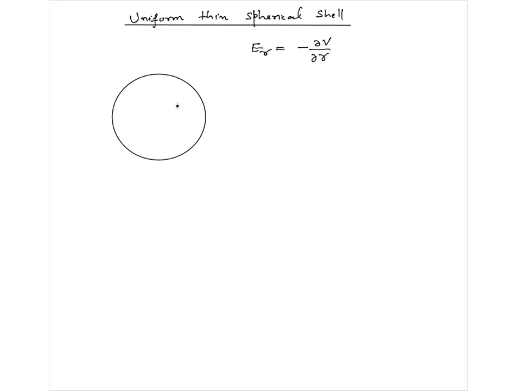The formula for potential at inside points for a shell is this.